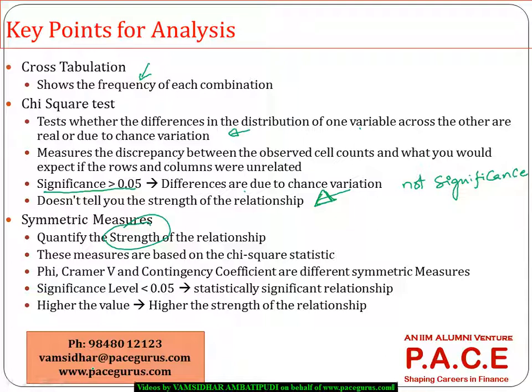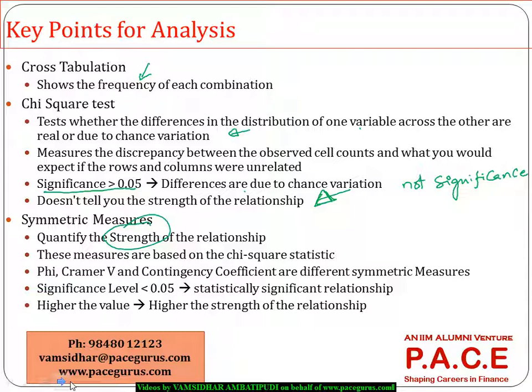So at any of these layers, if the significance level is less than 0.05, I could very well say that there is a very strong relationship or there is a significant relationship that is existing between the variables, and then I would look out for the absolute value. If the values are higher to the extent of 50% and more, I could very well conclude that the relationship between the variables is strong. Otherwise, I could conclude that the relationship is weaker.